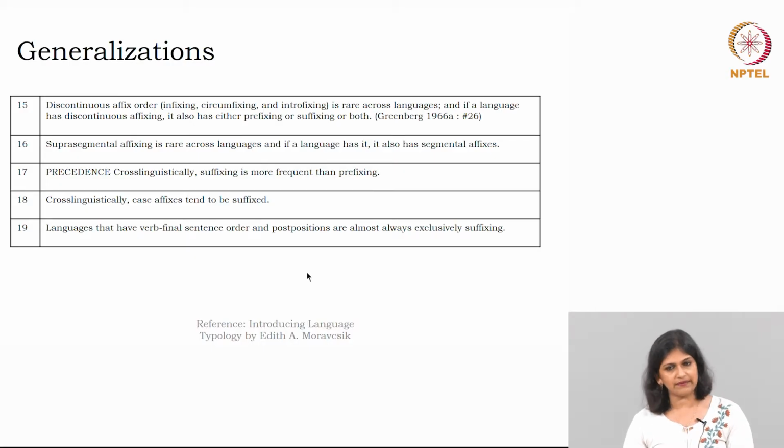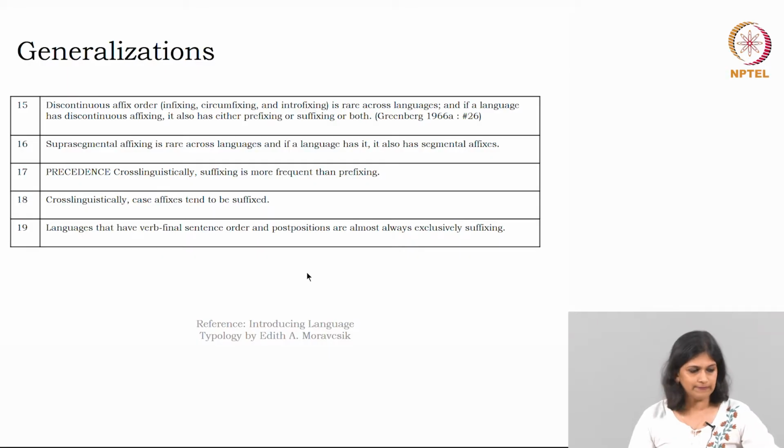Most languages have segmental affixes, very few languages will have suprasegmental affixes. Considering suprasegmental affixes are rare, it says that if a particular language has suprasegmental affixes, it will surely have segmental affixes too, right. That is about the 16th generalization related to morphological typology.